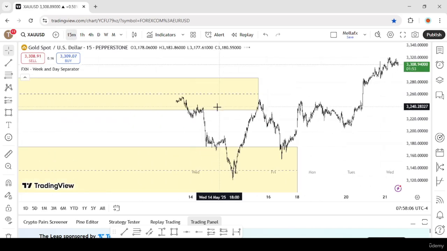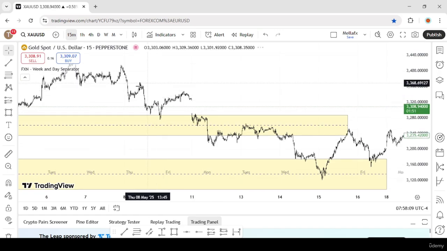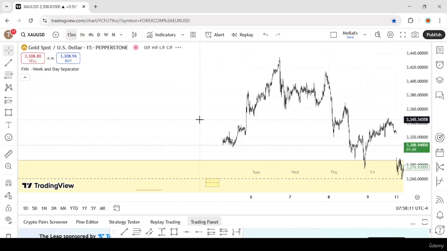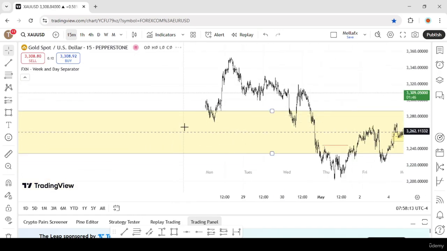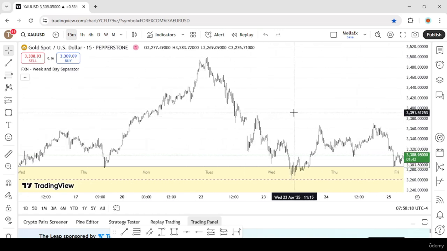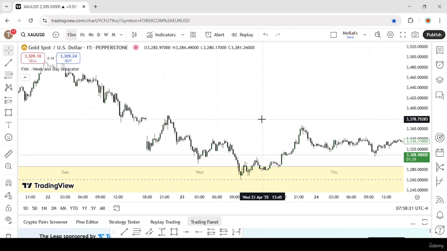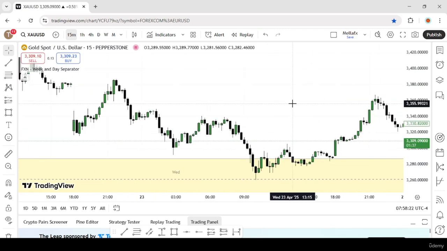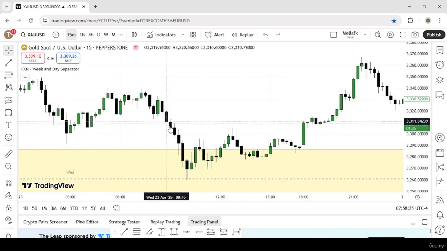At that particular point, for example here, when we hit this daily fair value gap the first time, we can see in the 15 minutes chart that we had multiple imbalances. Here is the first imbalance, here the second. Is there an imbalance here?